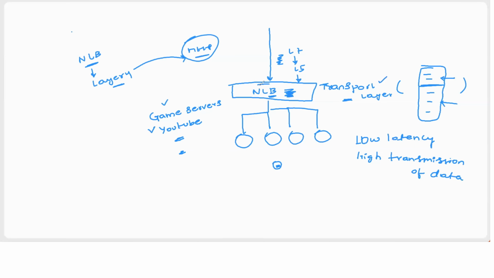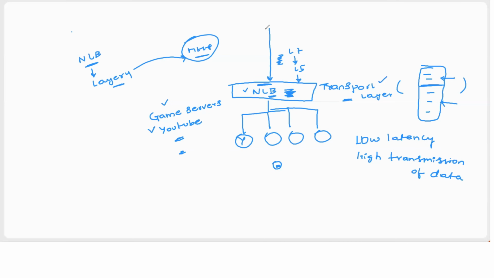If you are using an application load balancer here, what will happen? It will intercept the request at layer 7, so there is some delay which you will not accept when doing video streaming. Or, when you want to perform load balancing without any interruption, then go with the network load balancer.